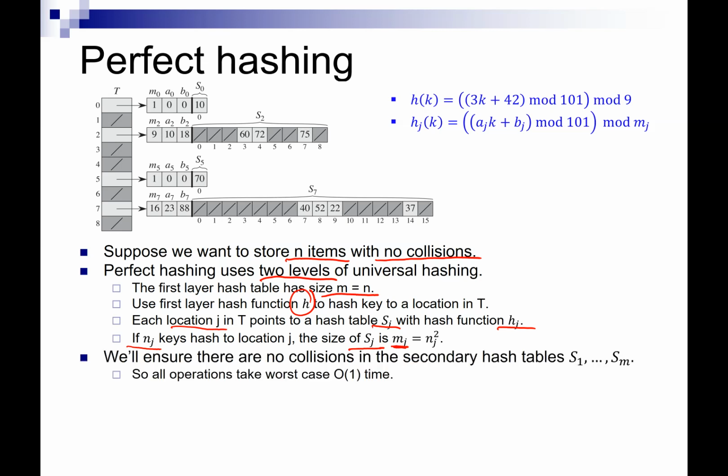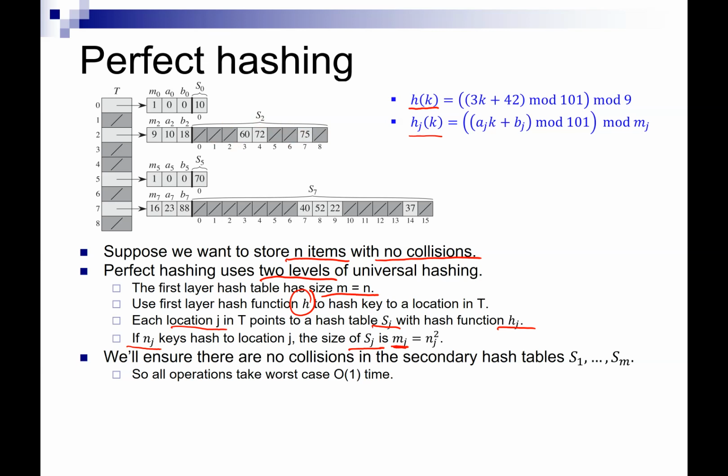Then in order to insert a key, you're first of all going to use the first layer hash function to find a location, and then at this location, you're going to apply another hash function, h sub j, to find the location within the second layer hash table where you're going to store this value.